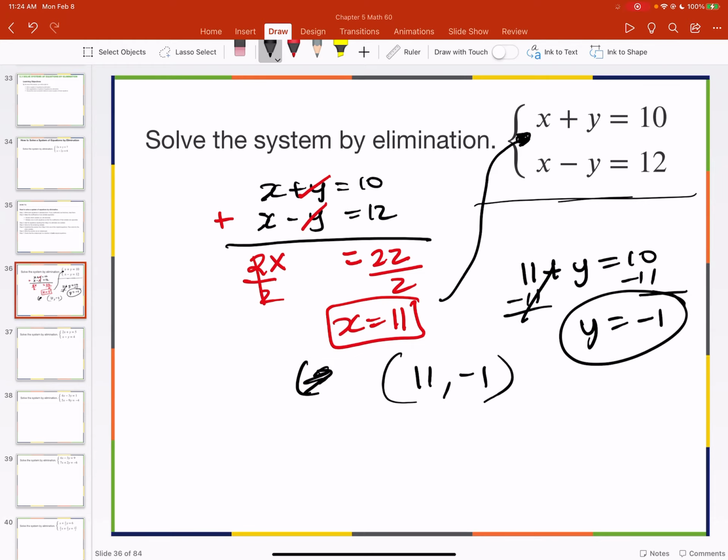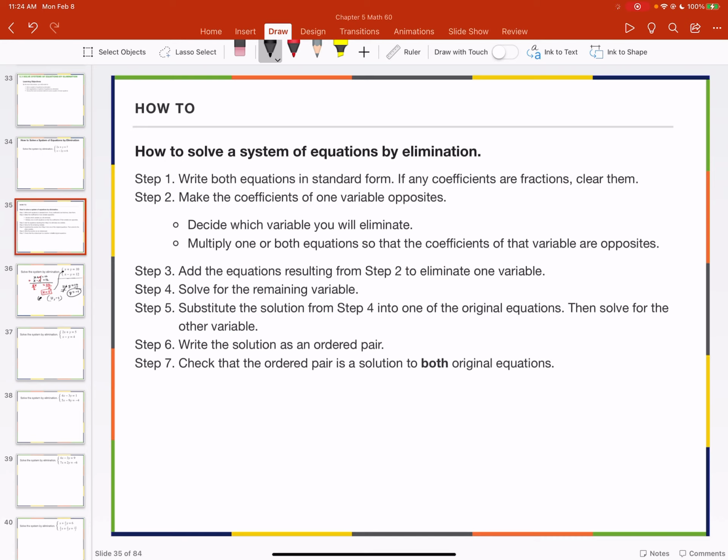Okay, so first, what are the how-tos? To solve a system of equations by elimination, we need to write the equations in standard form. So remember, what is standard form, first of all? Standard form, remember, is ax plus by is equal to some constant, where a, b, and c are constants, okay? If any coefficients are fractions, clear them. What does it mean to clear them?